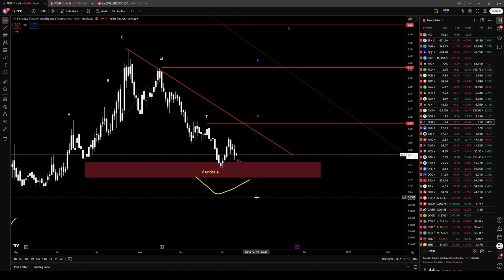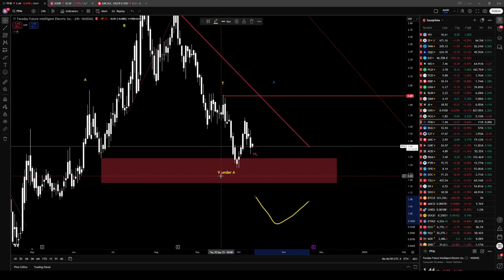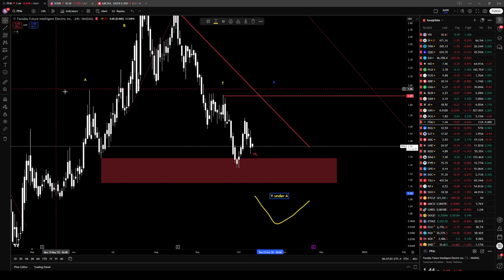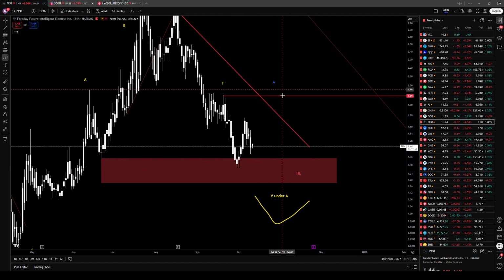No, if we break under this higher low, it is wrong. That's it. If we break under this, we still have to do a new V, a new higher low, something like that, and then we go.